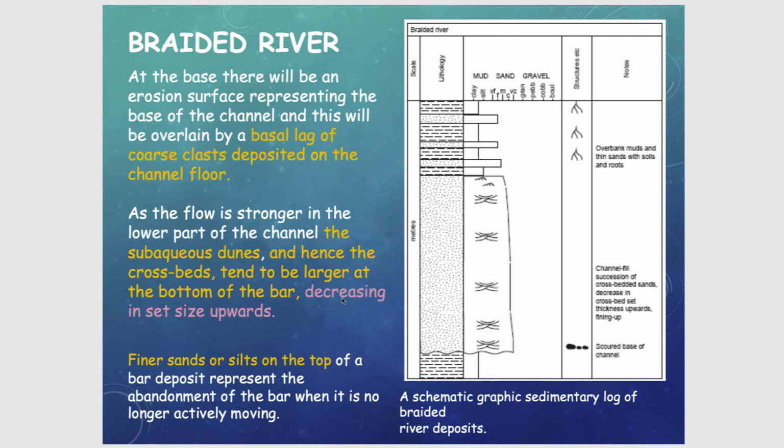In this particular example, you see a diagram with a legend that illustrates different types of materials. This scale is quite useful because it gives you the type of unconsolidated sediment that is part of a strata. So these are all the different strata that we find in a sedimentary log of braided river deposits.